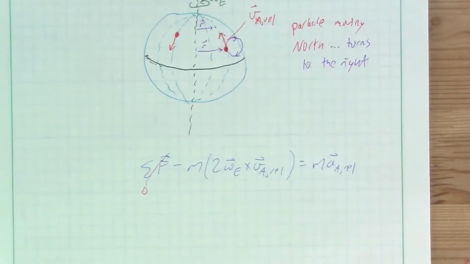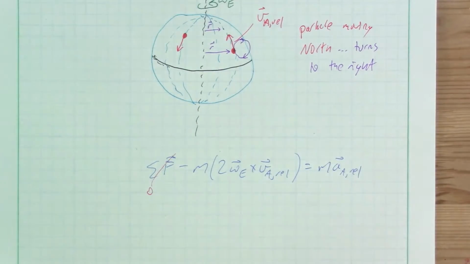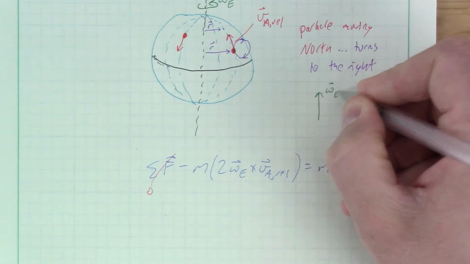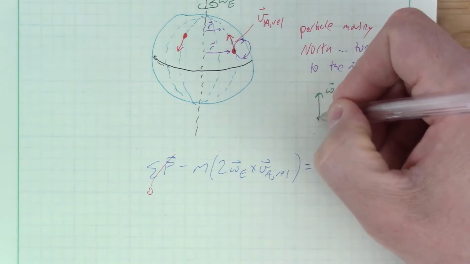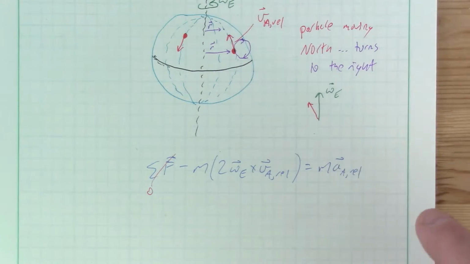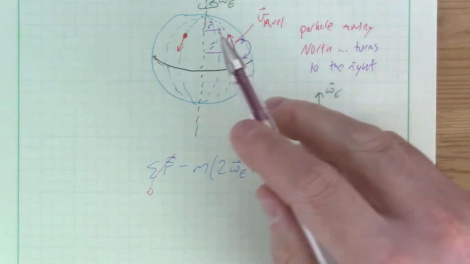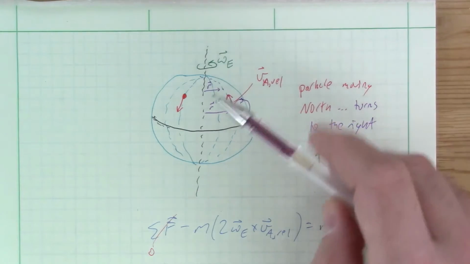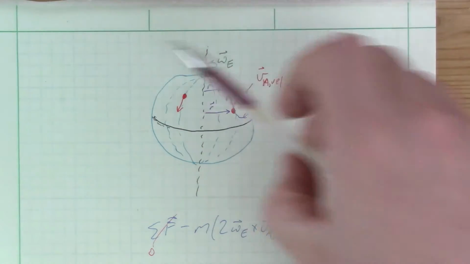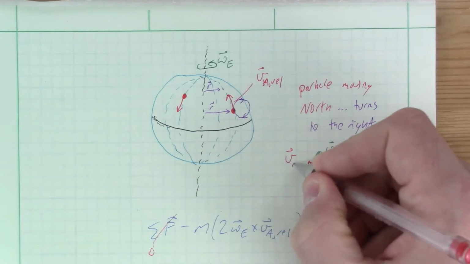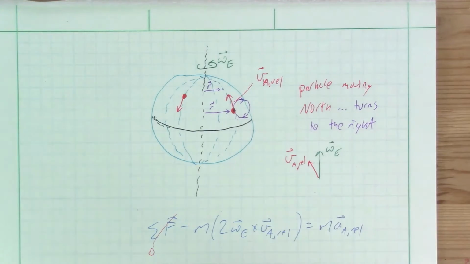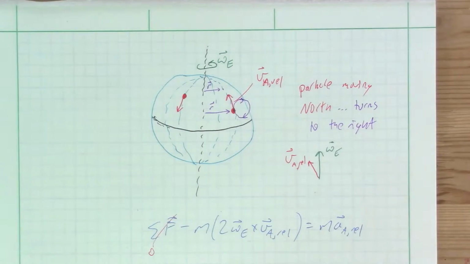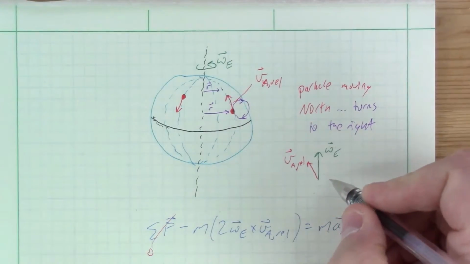We can actually write out our vector product here. Omega E is basically straight up. The velocity is bent inward a little bit, toward the axis of rotation, which is not straight up. So this is V_A relative, going directly northward on the surface of the Earth, and then our omega cross V is to the left, but the negative version of that would be to the right.